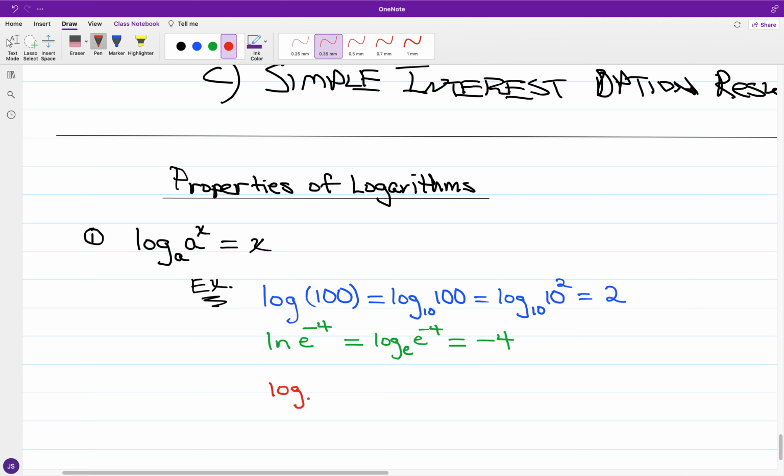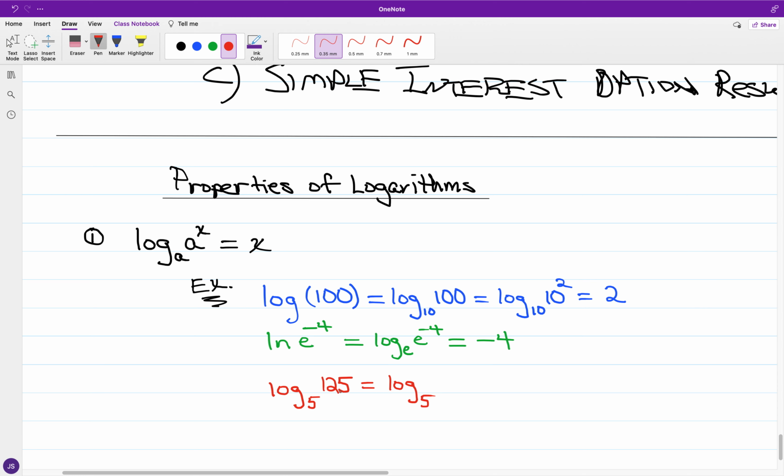Now let's say we have something like a base 5 logarithm of 125. For a base 5 logarithm of 125, just like 100 is both a multiple and integer power of 10, 125 is likewise going to be a multiple and an integer power of 5.